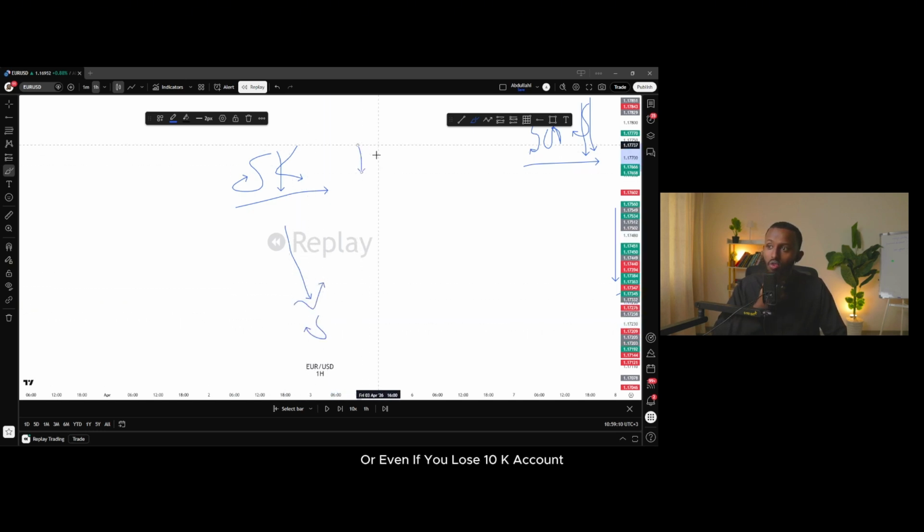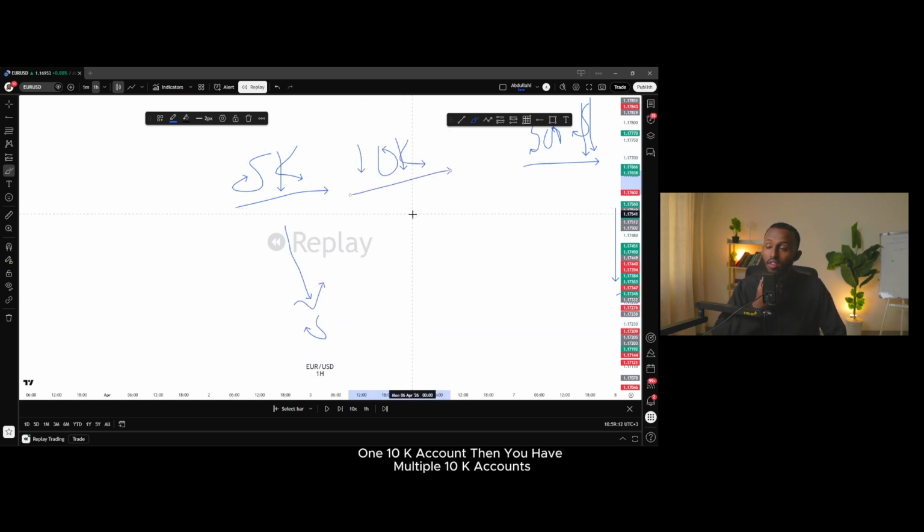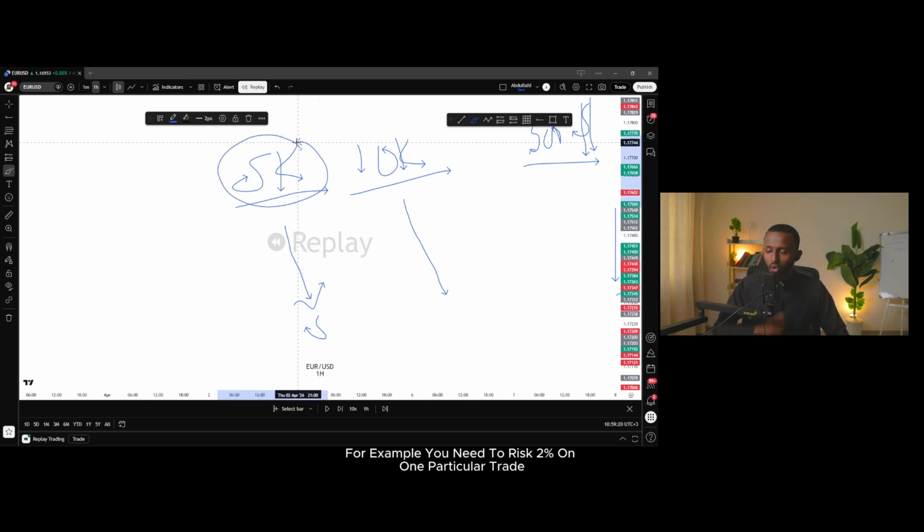Or even if you lose one 10K account, you have multiple 10K accounts. But the way you need to do it is you need to risk more than 1%. For example, risk 2% on one particular account. So if you lose that account, then you have multiple other accounts.